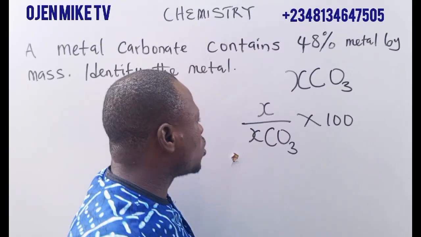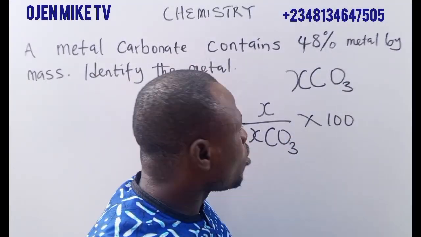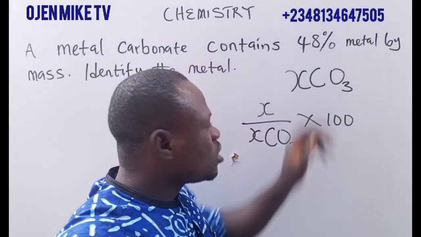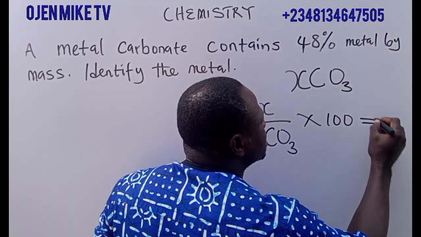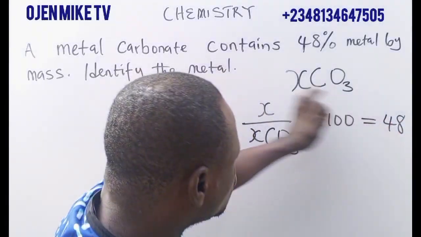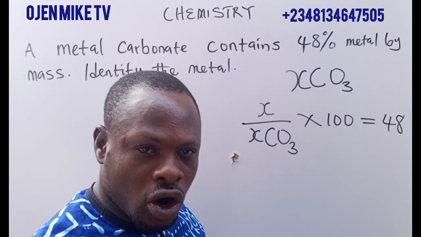That is how to find percentage composition. But remember, it contains this percentage, which can be expressed as 48. That is the equation you are going to use for your solving.